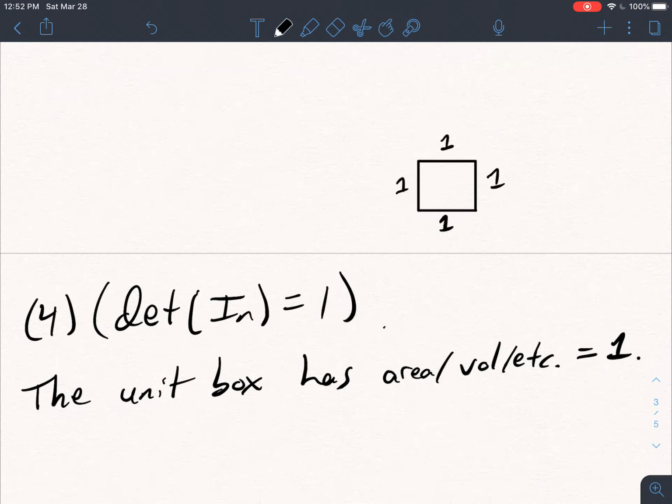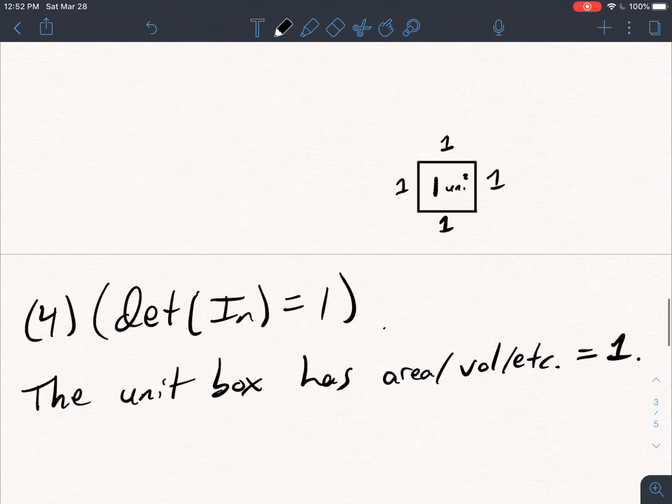Right, if all of these side lengths are 1, then the area of this one is going to be 1 square unit. And so the fourth property should also hold.